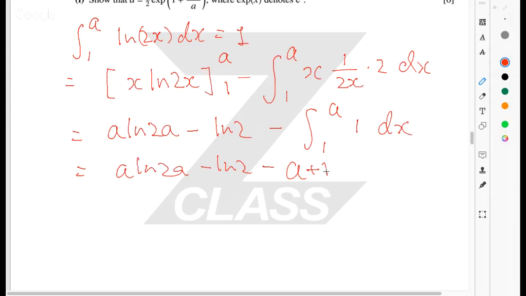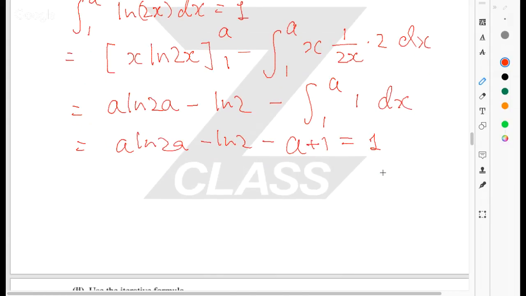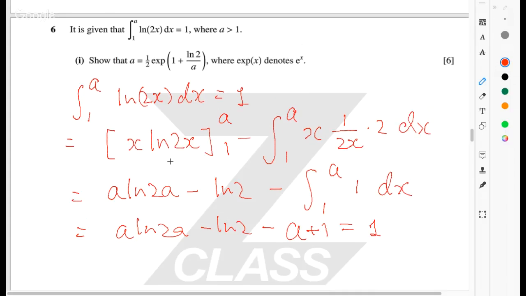And we're told in the beginning that this expression is equal to 1, so we can just rearrange that to get the expression we want, which is a is equal to a half exponential 1 plus ln 2 over a.